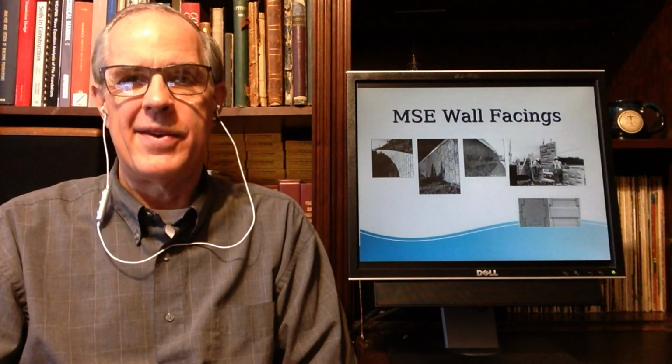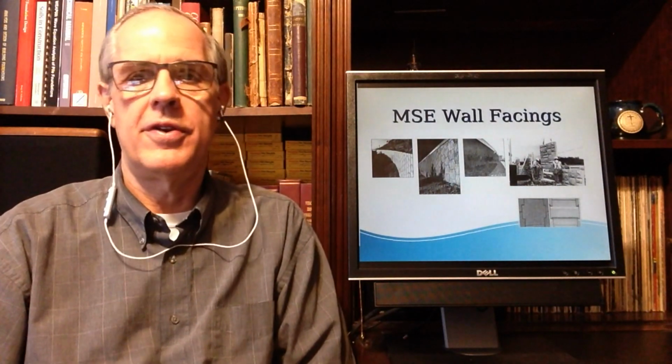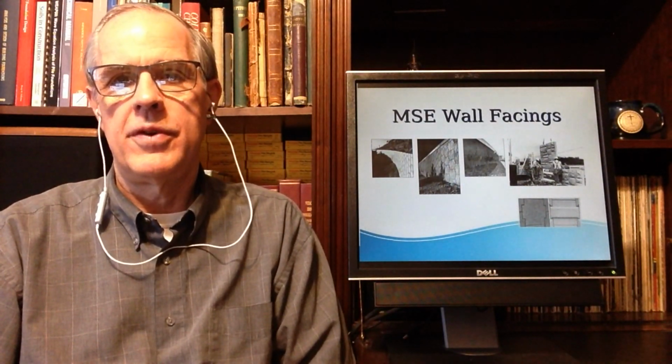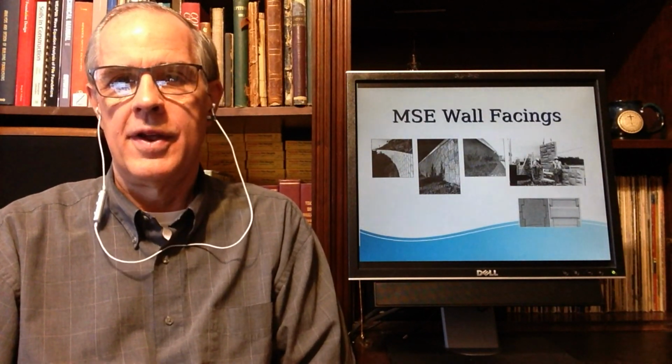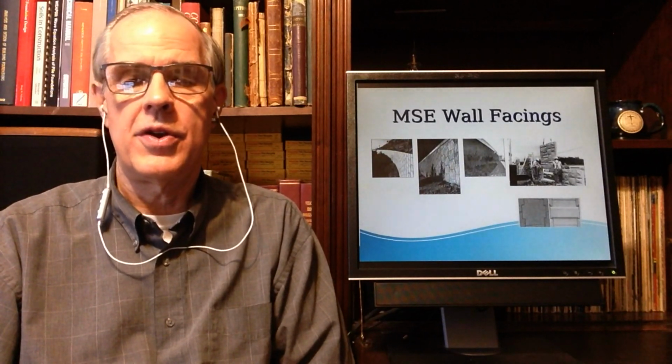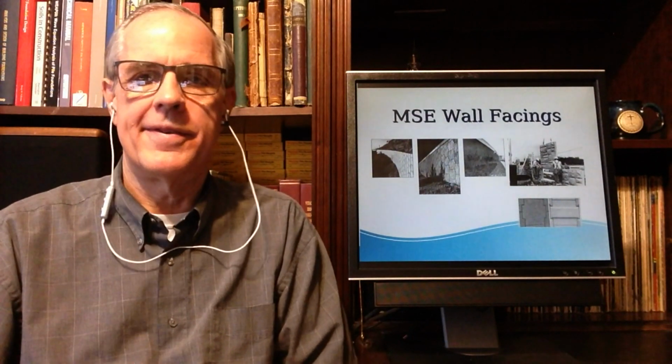But there's no real bending resistance, no global overall bending resistance in an MSE wall. There just isn't. You'll have local bending resistance where the reinforcement is, but that's only to the extent between the spacing of the reinforcement. There's no global bending resistance with an MSE. It's totally flexible.